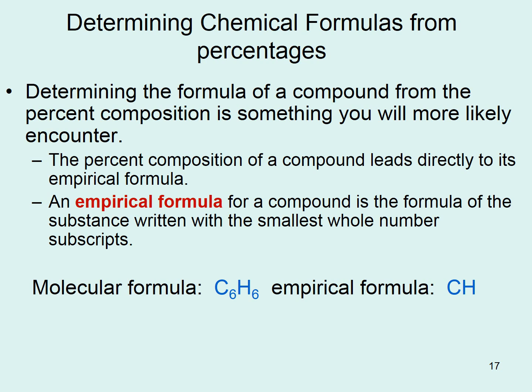The molecular formula C2H2 would also have the empirical formula CH. So the empirical formula is just the lowest ratio, and more than one molecule can have the same empirical formula. N2H4 would have the empirical formula NH2. So you divide by some kind of common factor.